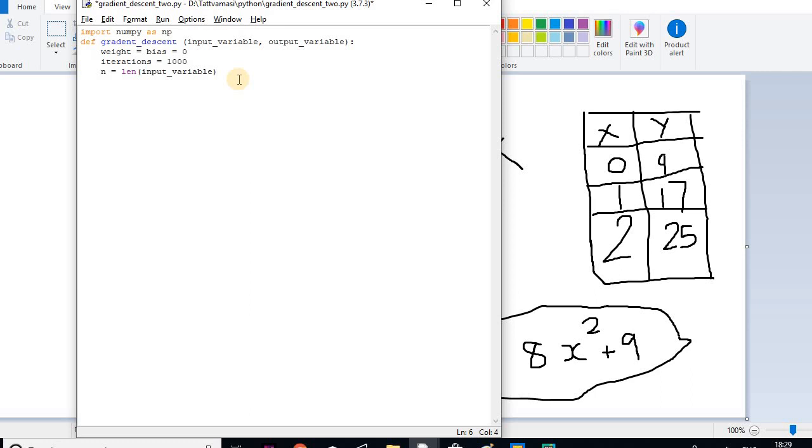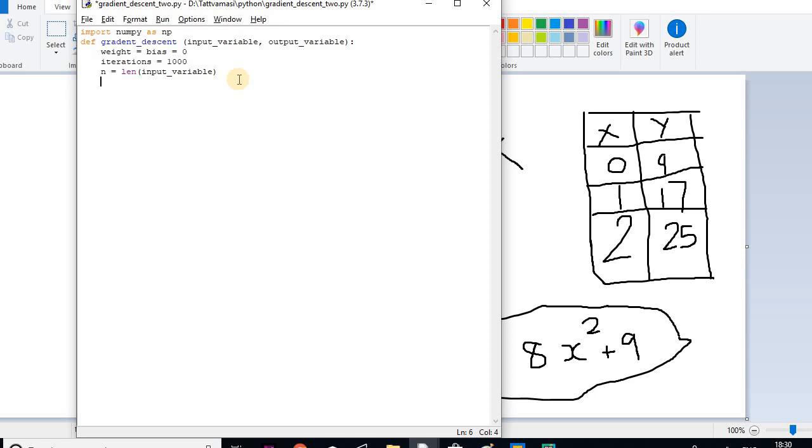We use it in gradient descent, and gradient descent is an optimization algorithm. The learning rate determines the step size of each iteration as we move forward towards the minimum of the cost function.